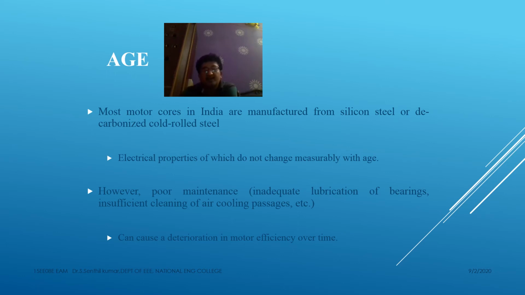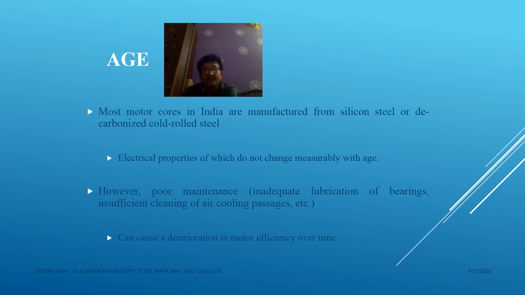Only the rotating part, that is the rotor and the rotating windings, is going to be affected by aging, and the electrical properties of which do not change measurably with aging also. However, poor maintenance, inadequate lubrication of the bearings and insufficient cleaning of the air cooling process, etc., are going to affect the aging of the motor.